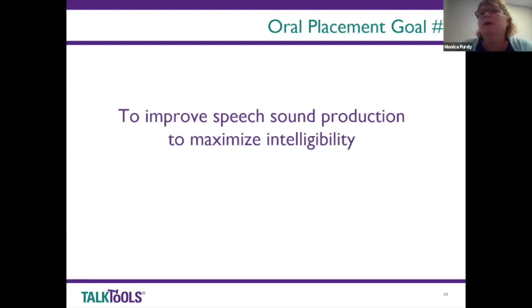And oral placement really isn't the only thing you do. It never is the only thing I do. I'm a speech and language pathologist, so I am constantly doing language. I'm constantly using my traditional approach. You have to use that. If I were to just do oral placement, a child may get better with their sound, but if I don't follow it up with function and having them practice that, they might just be somebody that can hold bite blocks or do chew tubes, but they still don't have intelligible speech.